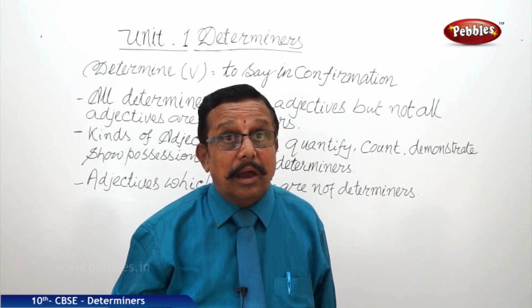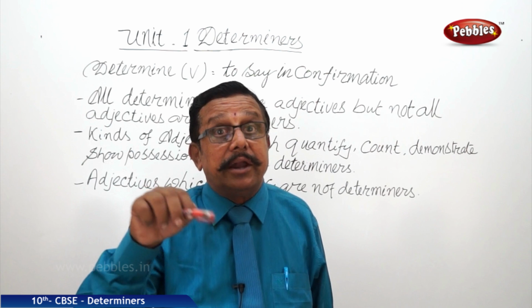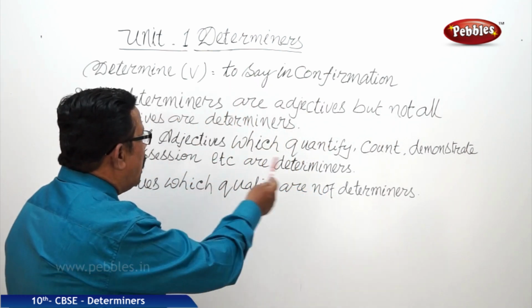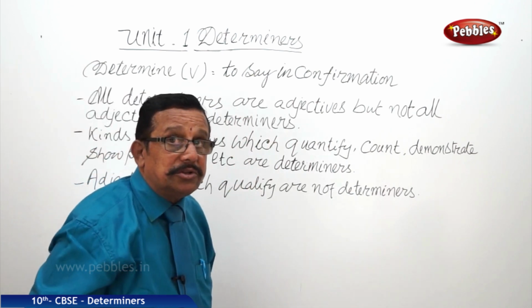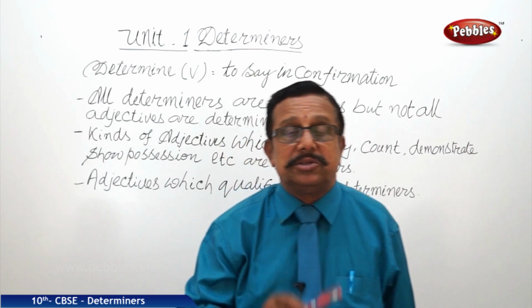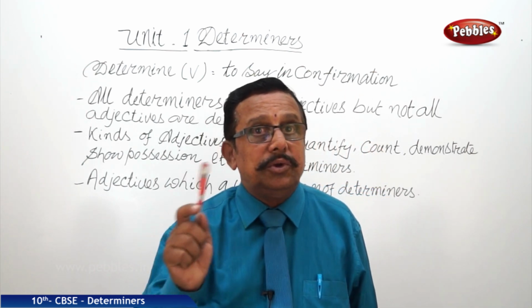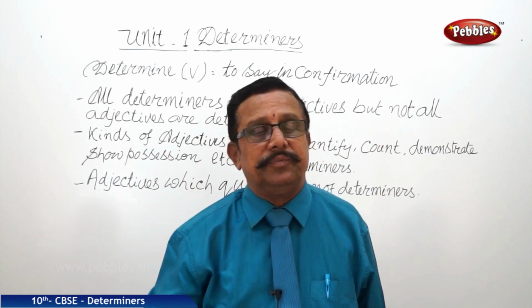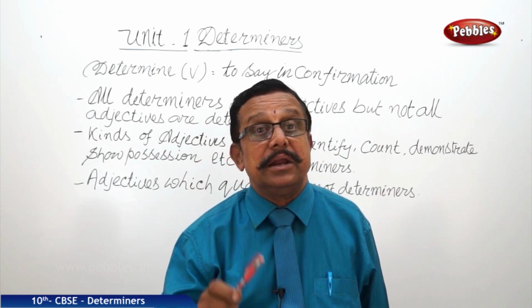Now, above all, we have articles. Those are also determiners. So, these articles, how to use them, where to use them, that is what we are going to learn now.